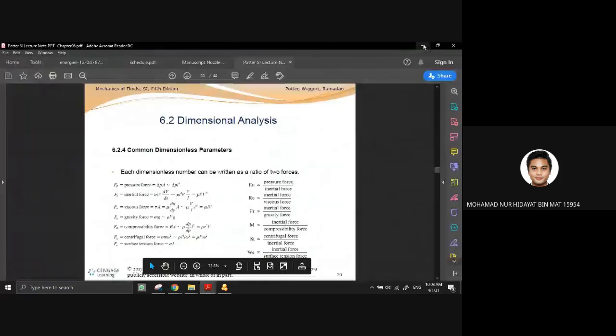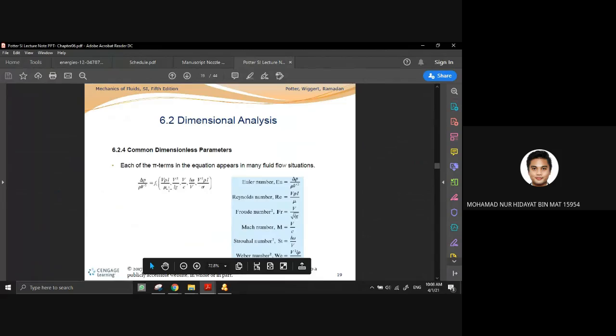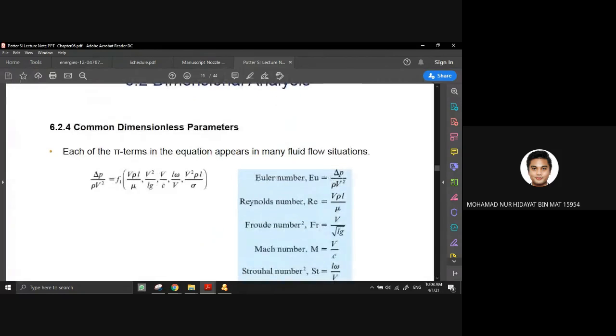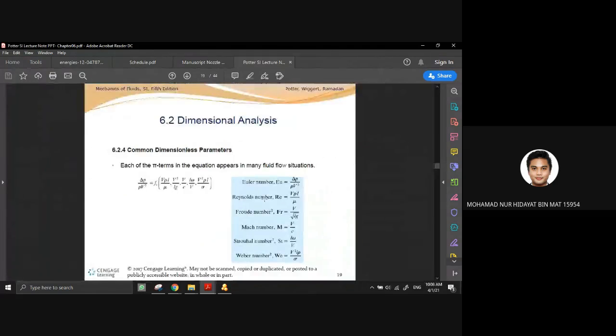So based on the common dimension, the Euler number is delta P over rho V squared, and the Reynolds number is V rho L over mu, and so on.